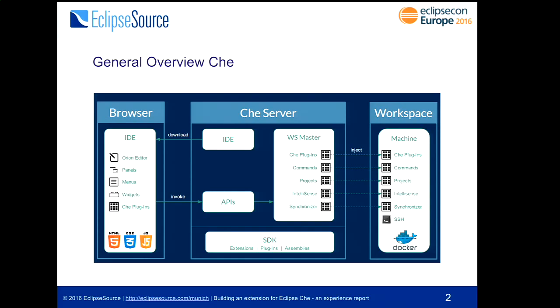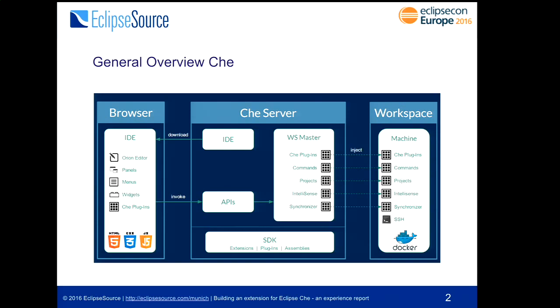Che consists mainly of three components. On the left, we have a browser application. This is written in the Google Web Toolkit, GWT, or also I would call it GWT. That's how they call it. That's a standard browser application. It embeds some other components, for example, the Orion editor, and that's what mainly forms the IDE then. Then obviously we have a server.